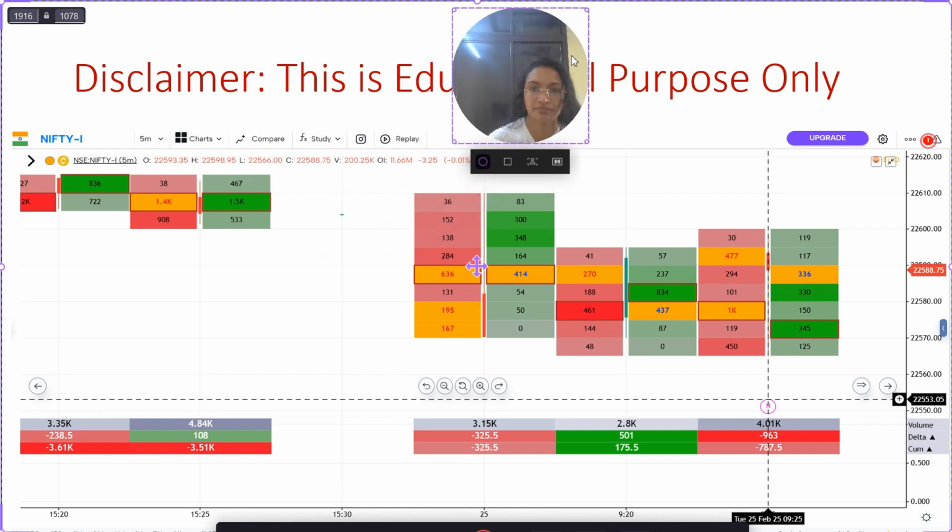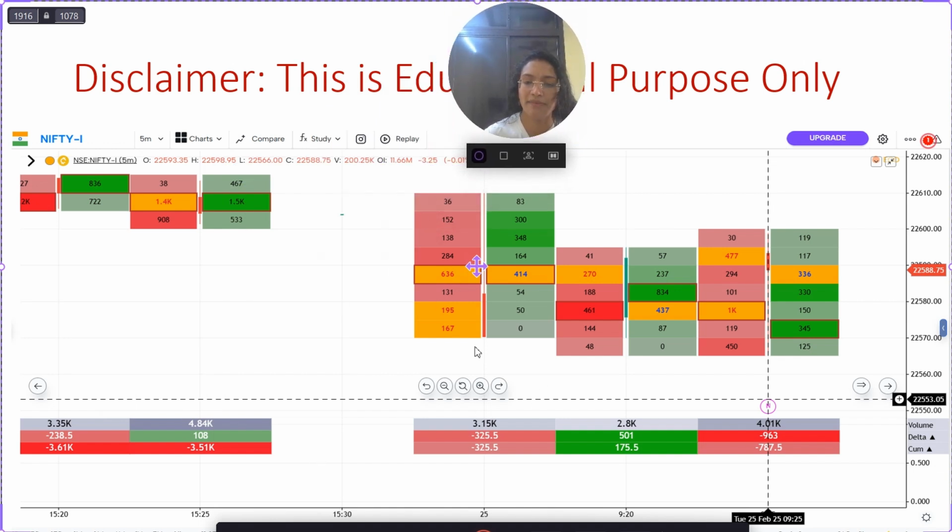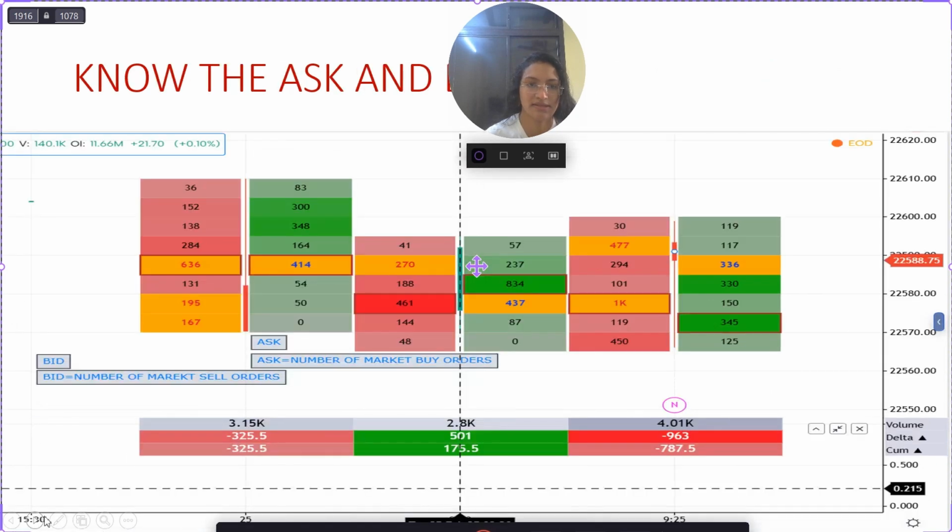So next, I'm going to explain in detail how to read them. Now the next concept is this. As I told you, this is the bid, this is the ask.